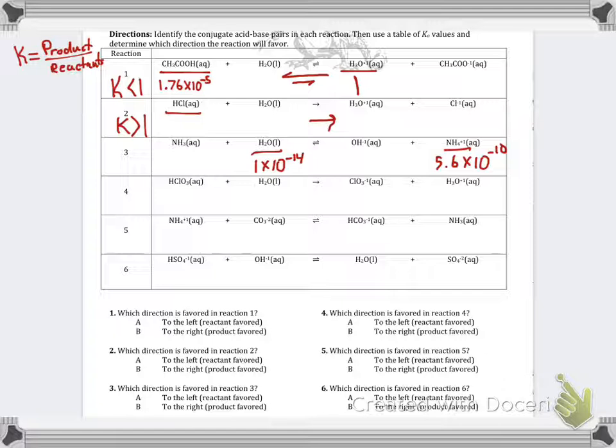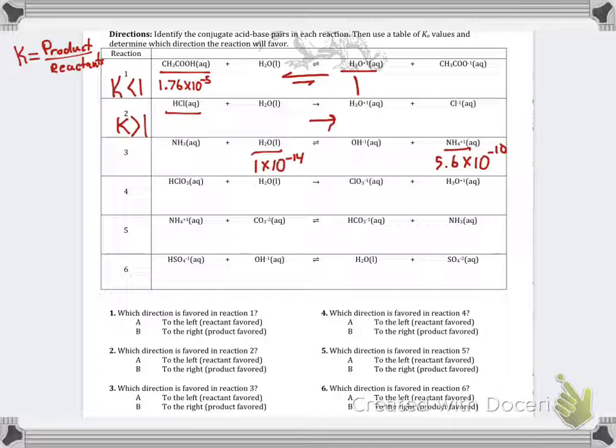So if you take a look here, which of these two have a larger K value? And again, a larger K value means there's more products because the acid is a stronger acid. Now, I just want to clarify, even though I say one acid is stronger, they're both weak acids. It's just one of them is not so weak as the other one.